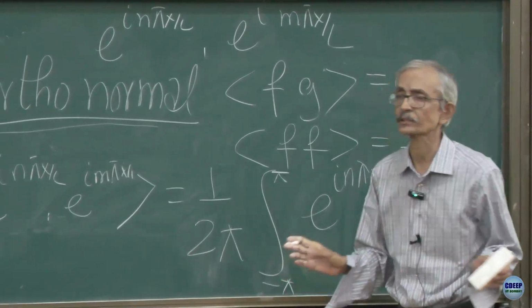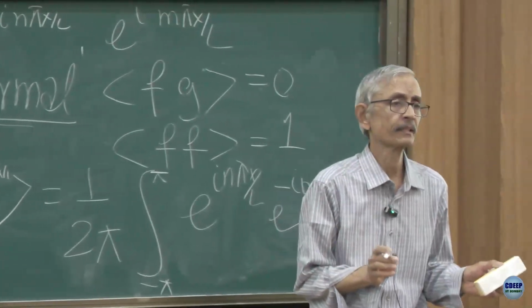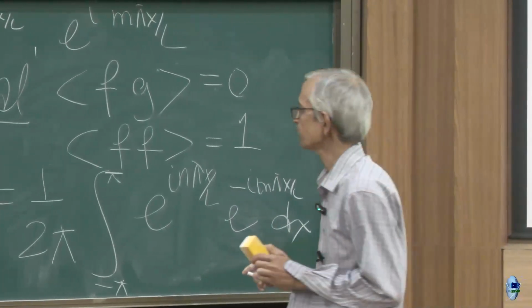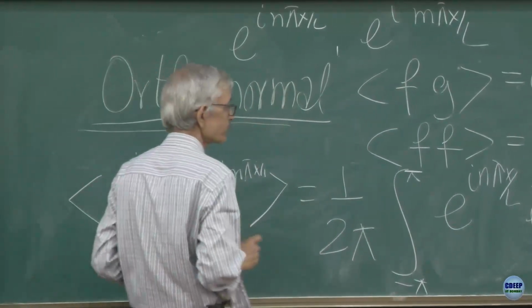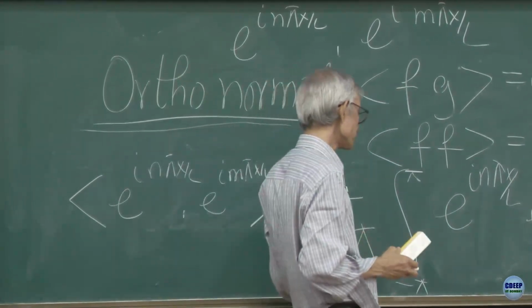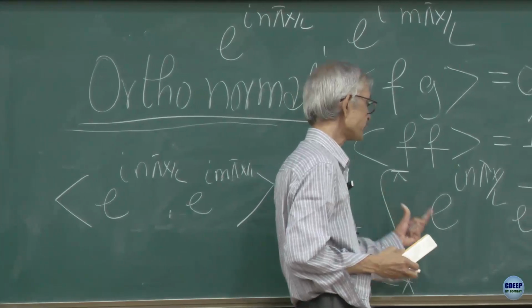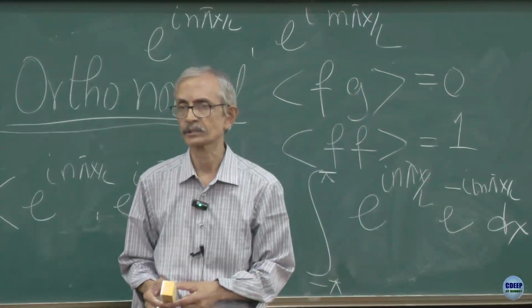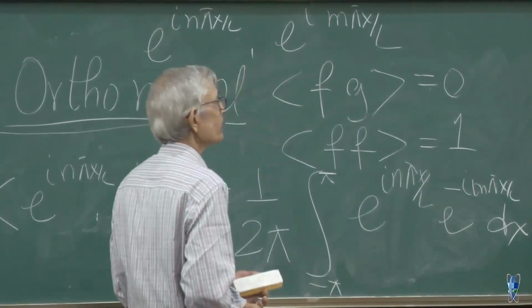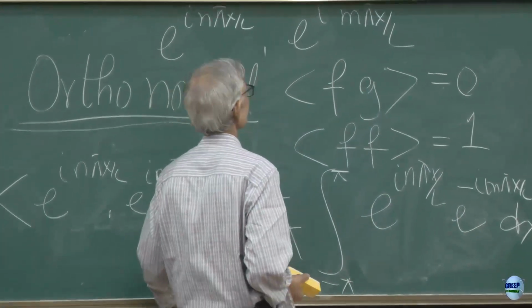This is my definition. We have said that I'm going to have my definition of the inner product of two complex functions as 1 by 2 pi, integral minus pi to pi, the first function, and then the complex conjugate of the other function. Now it's just brute force algebra.